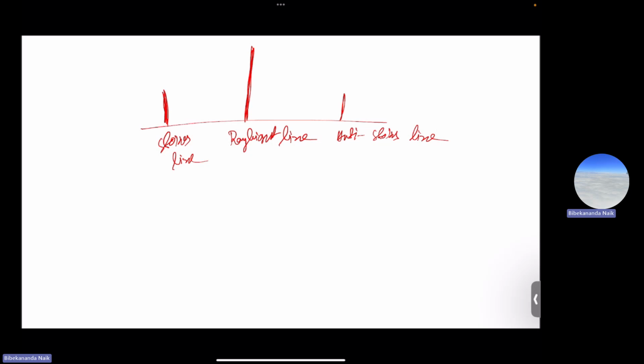Now here, this is the frequency axis. The frequency of the Stokes line is less than the frequency of the incident light. Since the frequency is less, its wavelength will be longer. So the wavelength of the Stokes line will be greater than the wavelength of the incident light.